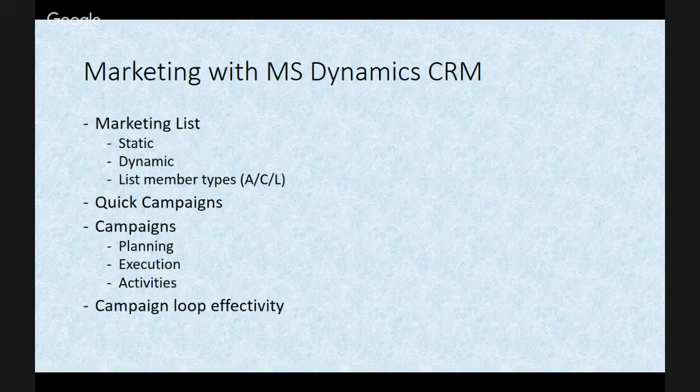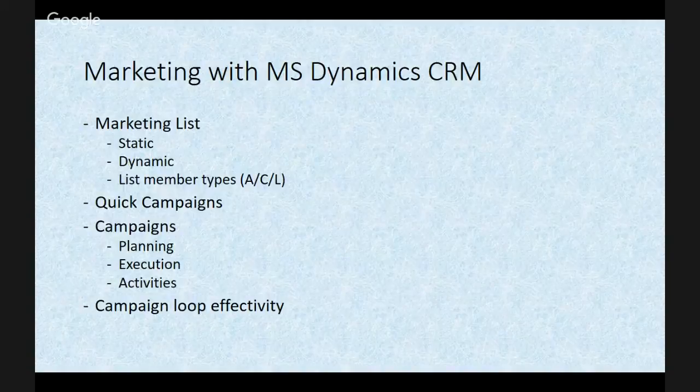Then we have full-fledged campaigns, in which we have some features like planning the campaign, execution, and some activities that generate out of the campaign. And then, yes, the last and very, very interesting part of the campaign loop effectivity that we will go through.